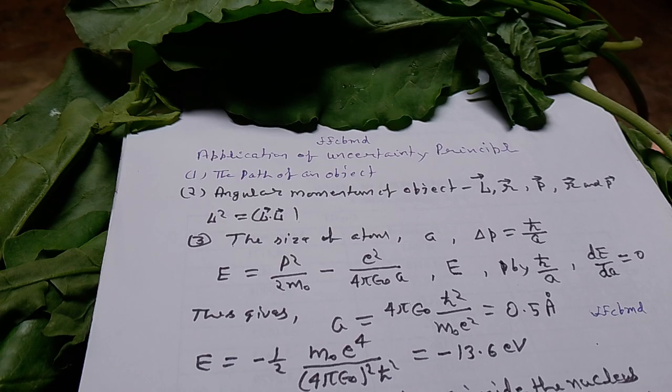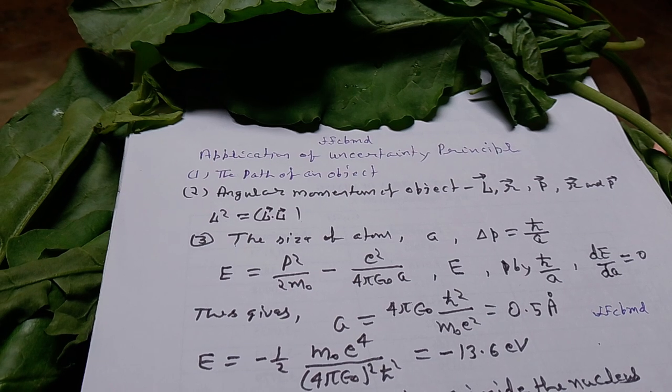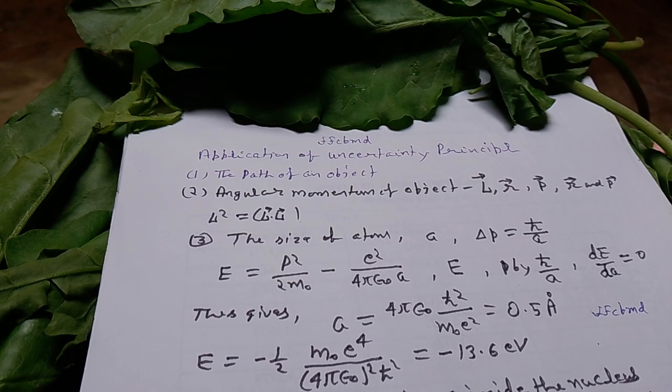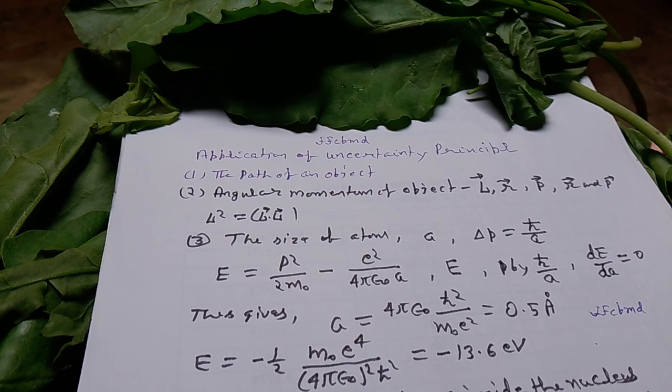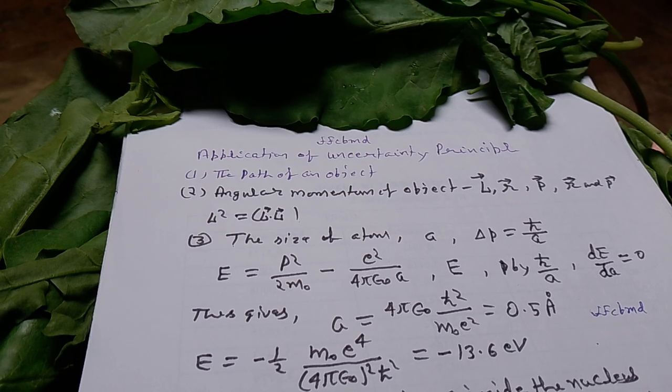And today in this lecture we are going to see some applications of the uncertainty principle. So let's see these applications. First, the path of an object. To define the path of a particle in an exact manner, we know that its exact position and velocity simultaneously should be known.